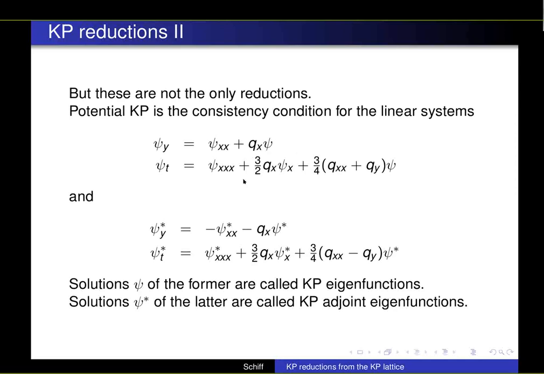It turns out there are two such linear systems. There's another one where the sign of y is reversed. The original KP was symmetric under changing the sign of y, and so here I've just changed the signs of all the derivatives of y. This system is called the adjoint KP linear system, and solutions are called adjoint eigenfunctions.